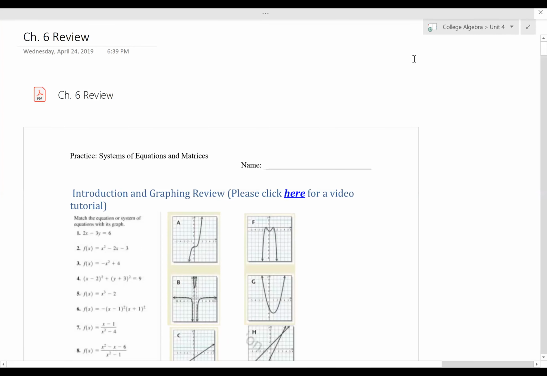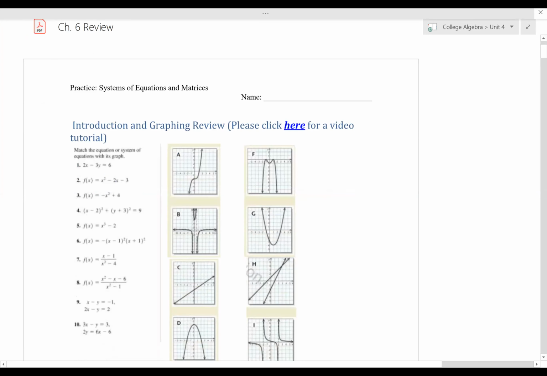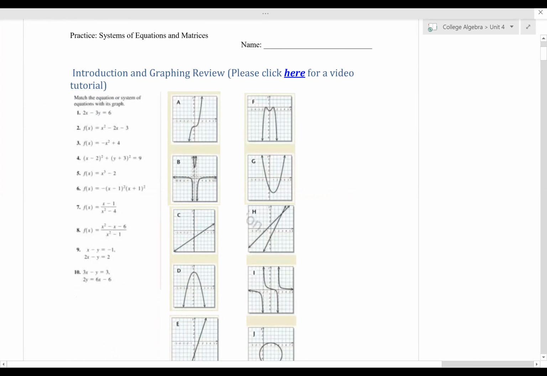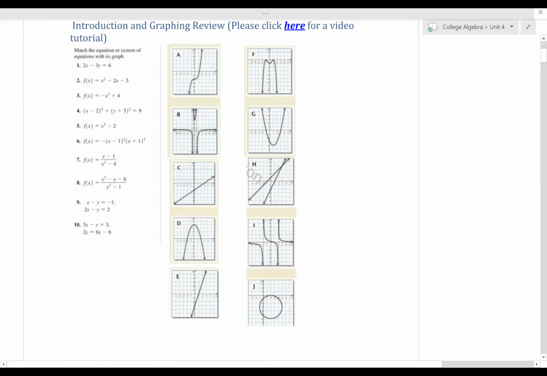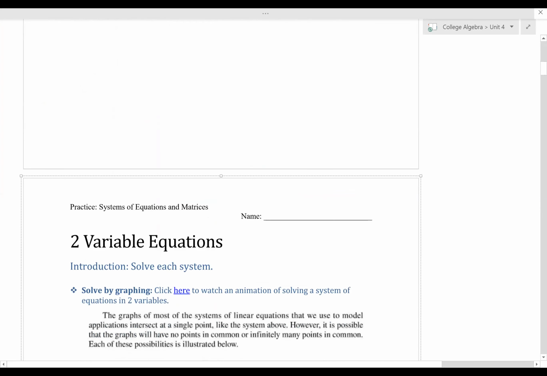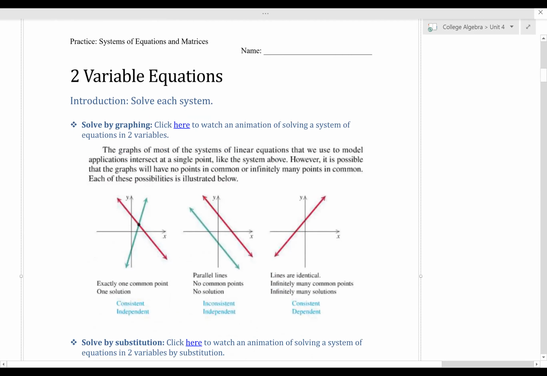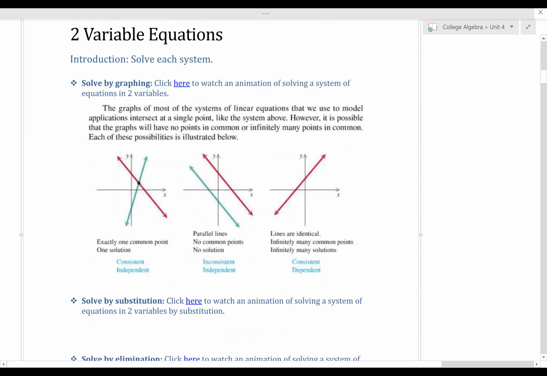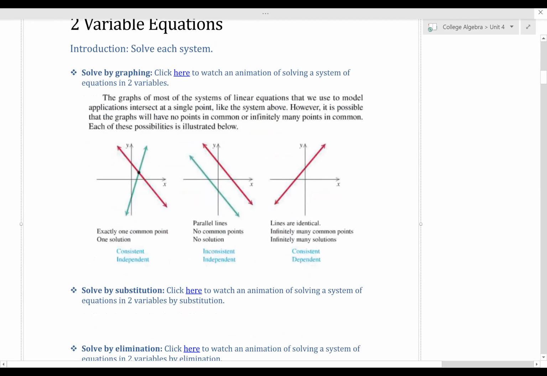There we go. Okay, so I'm going to show you that the very first page of this just goes through some graphing review, which is helpful so that you can review different types of equations and what graph would come out of those. And then on the next page, you get into the two variable systems. With this, we're introduced to the different types of solutions that we can get.